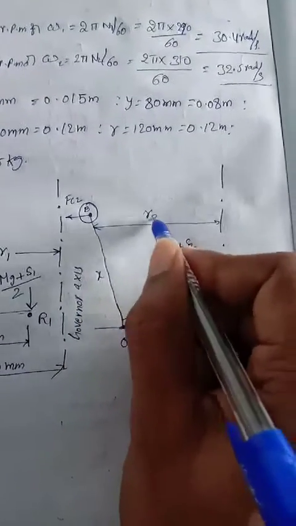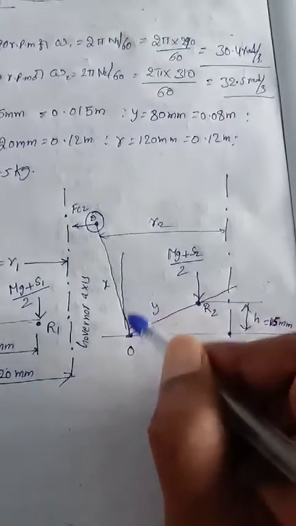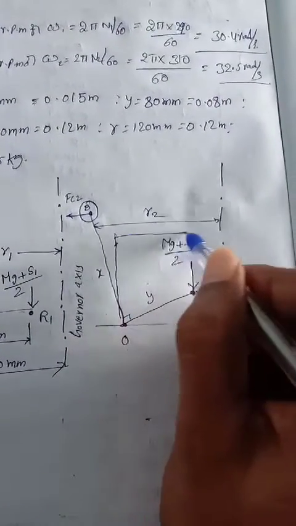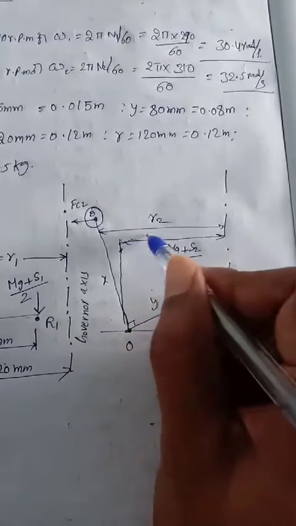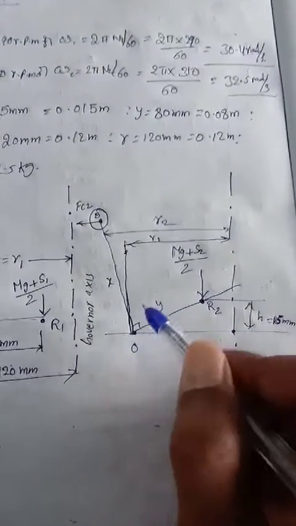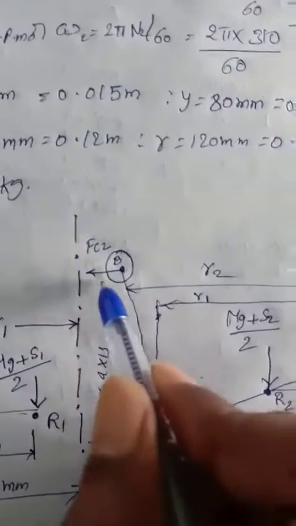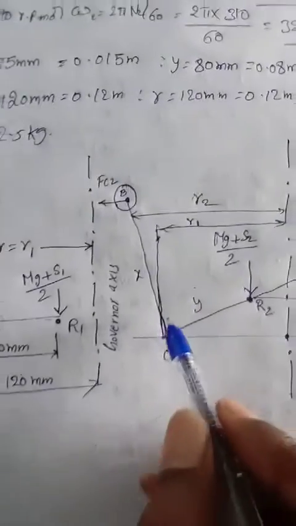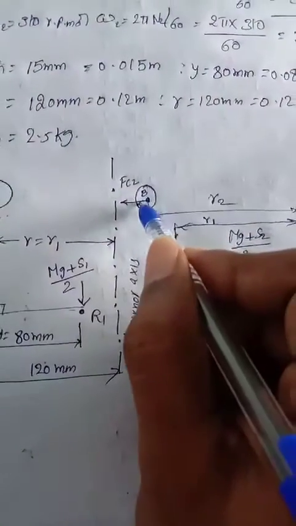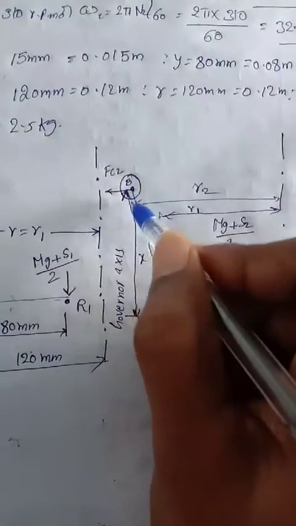Here to here the distance is r2 and here to here is r1. This is axis O point, and here it will come x2.